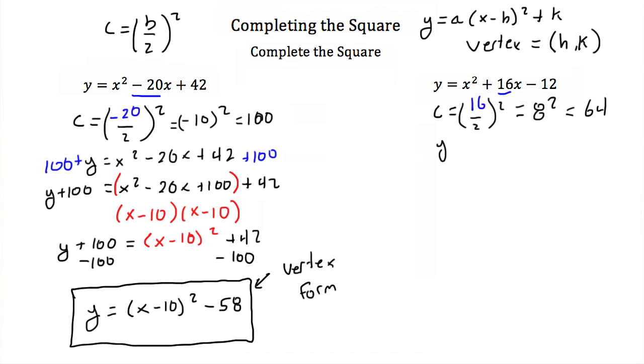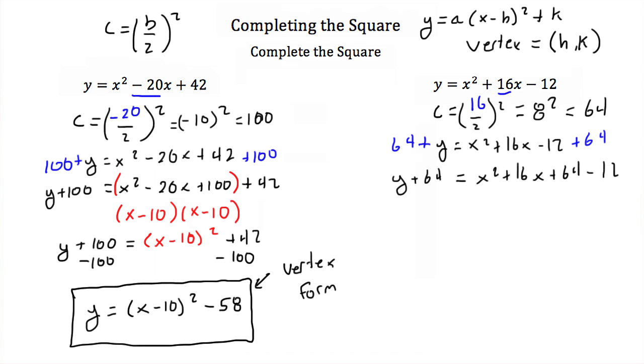So we're going to add 64 to both sides. That'll get us y plus 64 is equal to x squared plus 16x plus 64 minus 12.